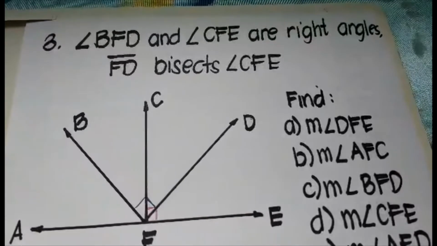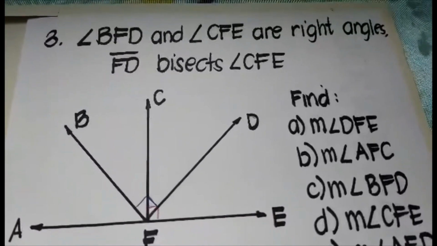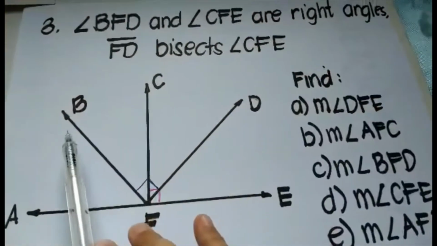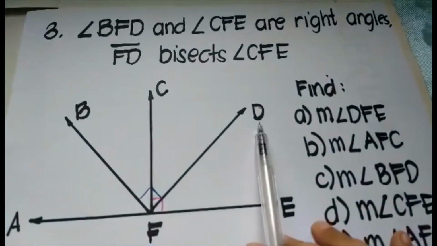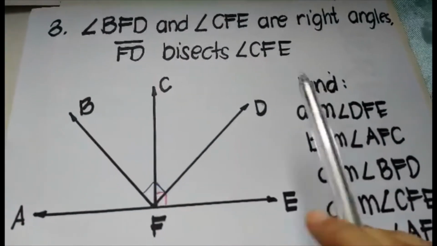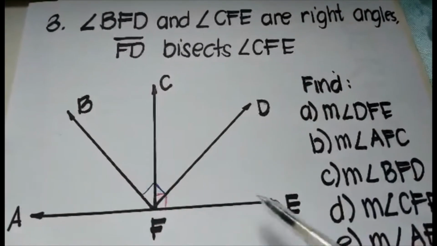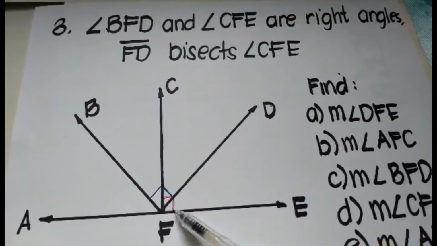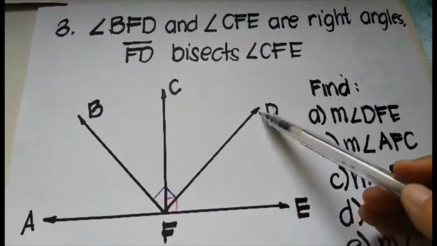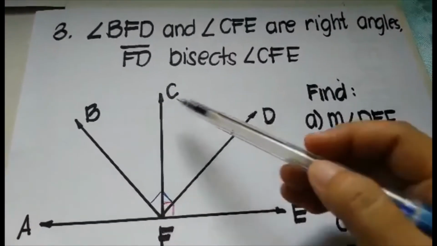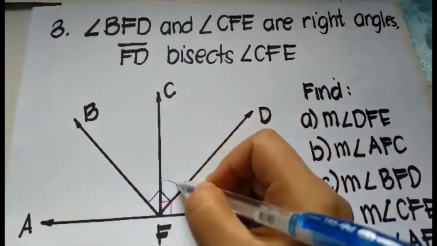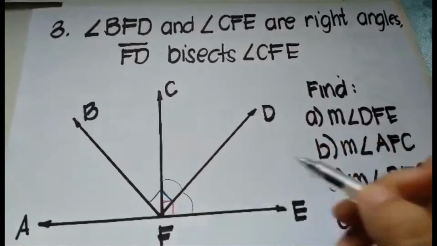Angle BFD and angle CFE are right angles. So this one, BFD, is a right angle, and CFE is also another right angle. Now FD bisects CFE, so therefore, these two angles have the same measure.